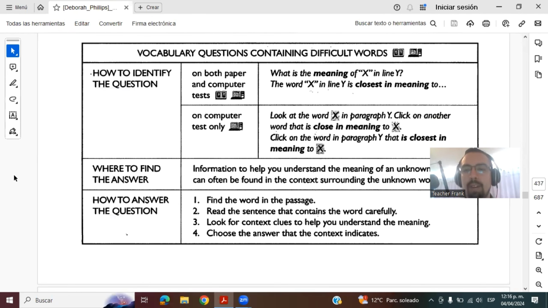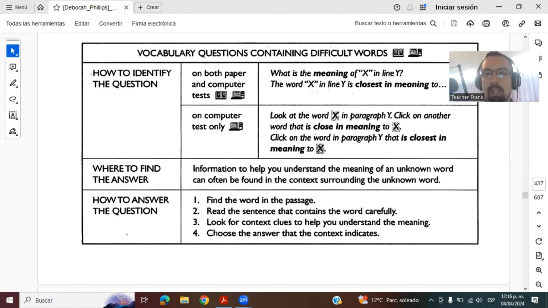Now, how can we find these types of words, or what are they going to say in these types of questions? Typically, they're going to ask us, what is the meaning of X in line Y, or the word X in line Y is closest in meaning to. Where to find it? Information to help you understand the meaning of an unknown word can often be found in the context surrounding the unknown word.